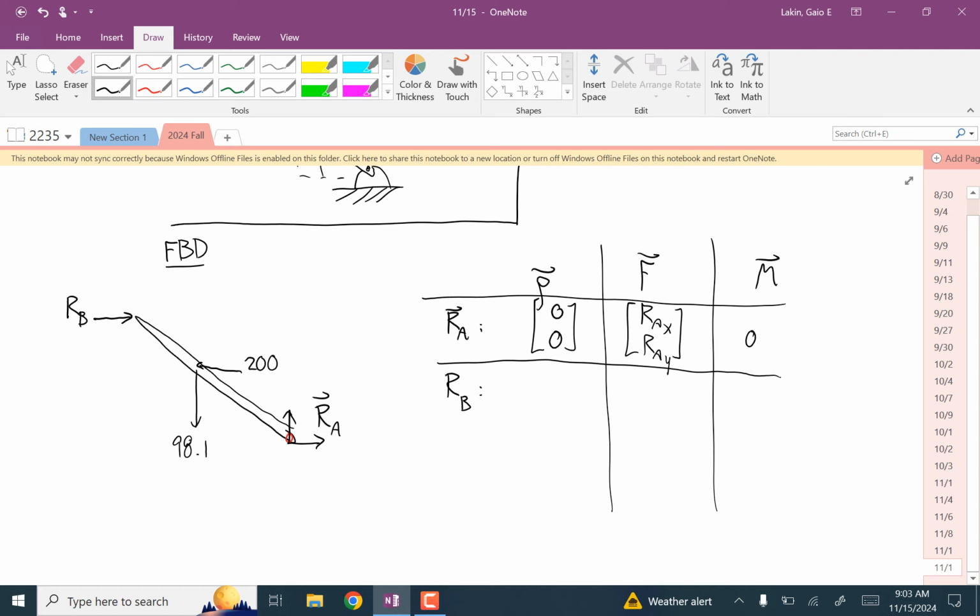So that is a rho vector of negative 0.849, positive 0.849. The force vector is RB, 0. And so the cross product is negative 0.849 RB.